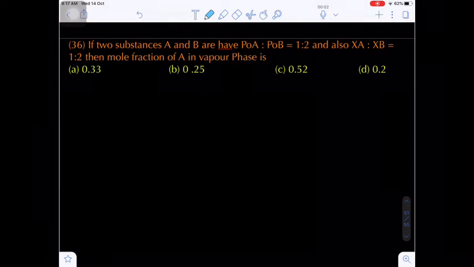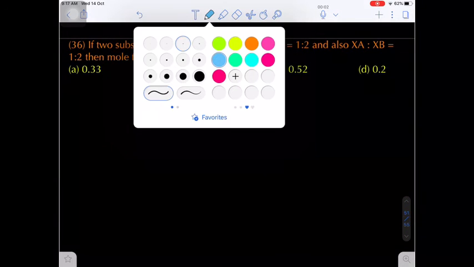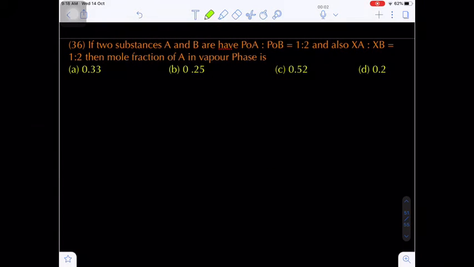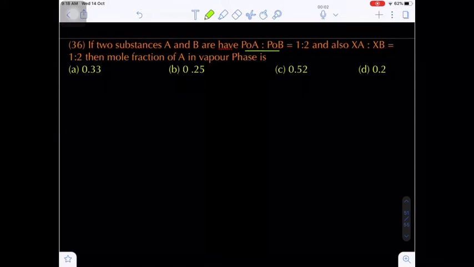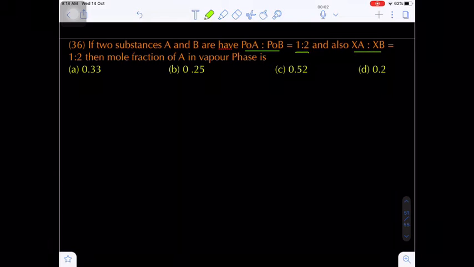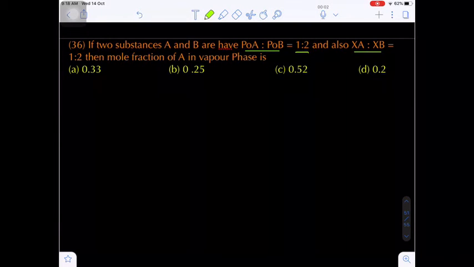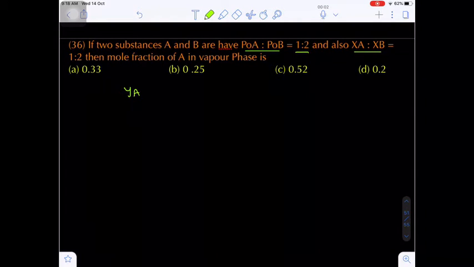Okay, and the next one, question number 36. In this question, two substances A and B have a P naught A to P naught B ratio of 1:2, and the mole fraction ratio in the solution phase is 1:2. Then find the mole fraction of A in the vapor phase. It is similar to questions 34 and 35.